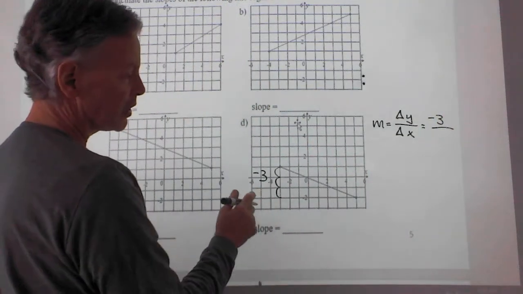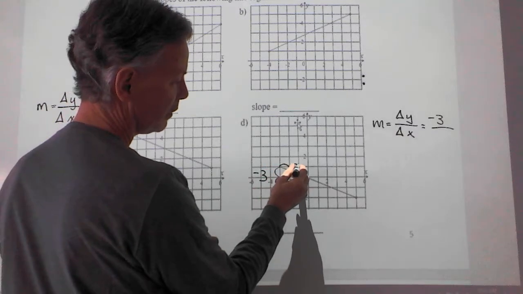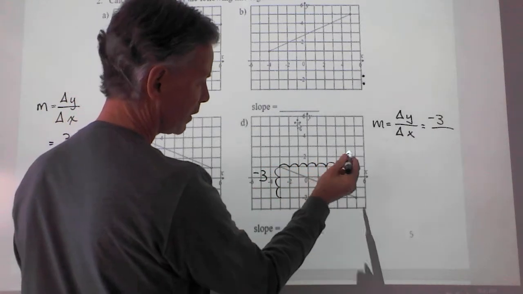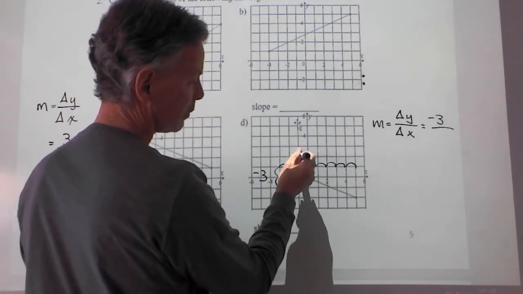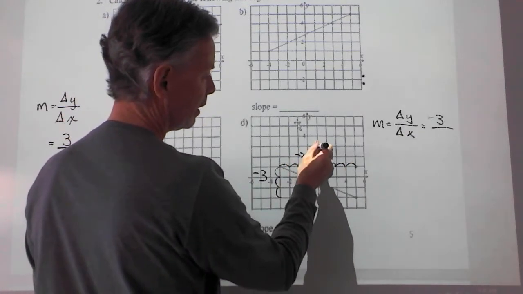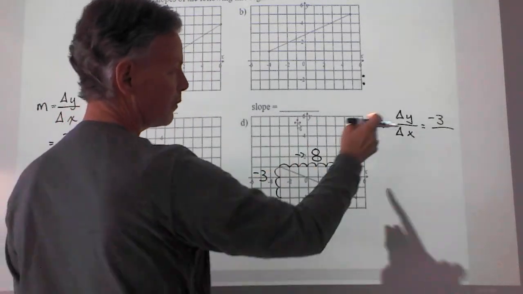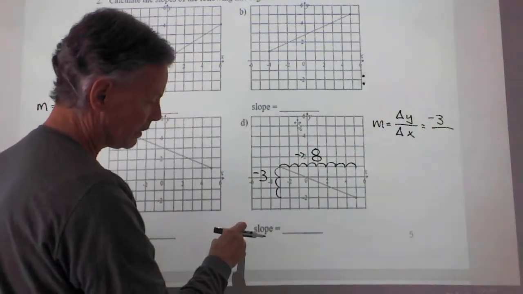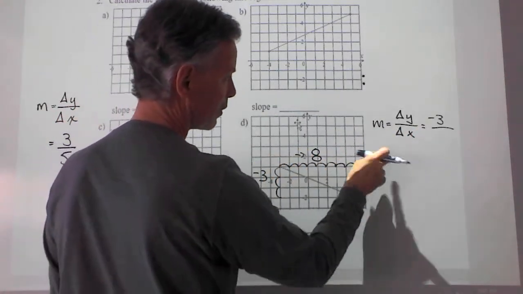Well, what about our change in x values? To get from this point to this point, we then have to go 1, 2, 3, 4, 5, 6, 7, 8. And since we're going to the right, it's a positive 8. So our change in y was negative 3 because we went down. Our change in x is positive 8 because we're going to the right.